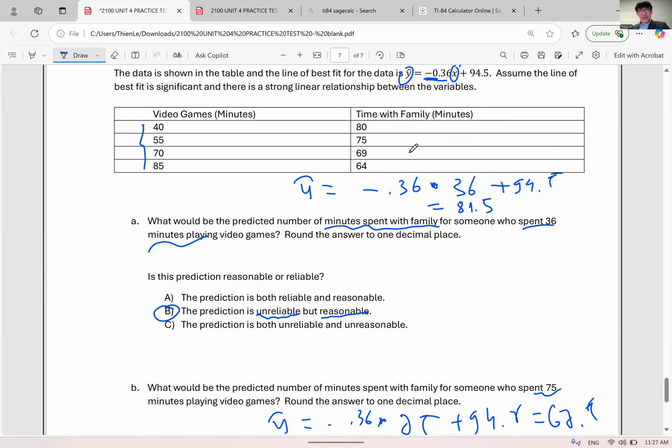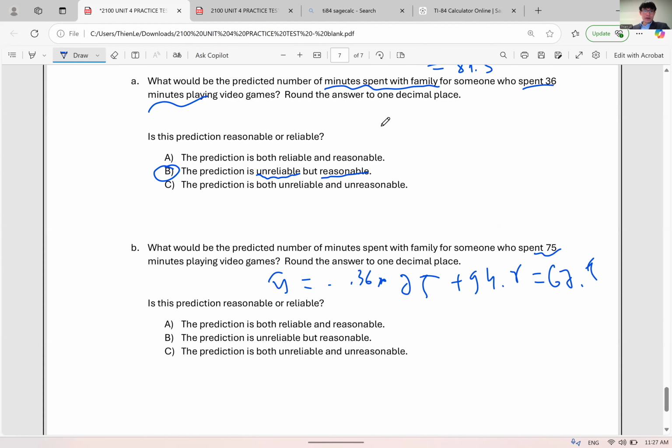That makes sense, right? So they're both reliable and reasonable, right? So you get 8. Again, reliable sticks with the X, whether the X value you want to predict belongs to the range or not, right? If yes, it's reliable. If no, not so reliable because you require some extrapolation to perform the prediction. And reasonable sticks with the Y, whether the Y you predicted makes sense in a common context or not, right? If yes, it's reasonable. If no, not reasonable.